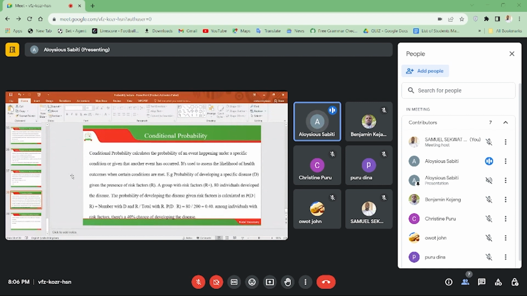So you would want to understand what is the probability, and for you to understand that particular risk group who have developed the condition, you subject the number of people who have gotten that condition to the group that is at risk. Then you're able to get the probability.